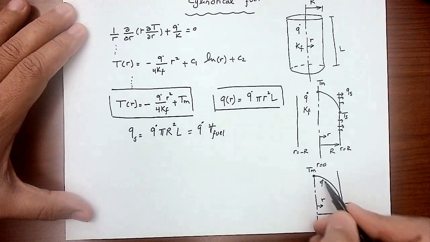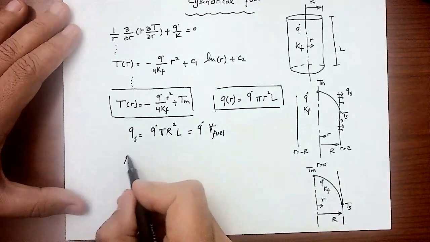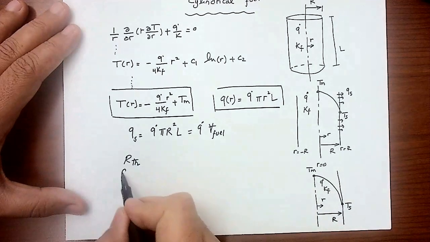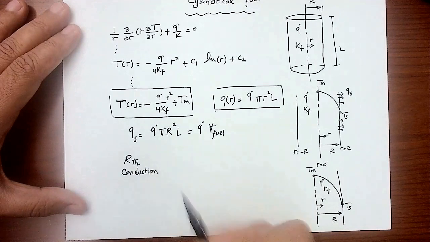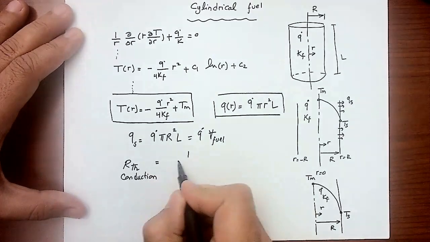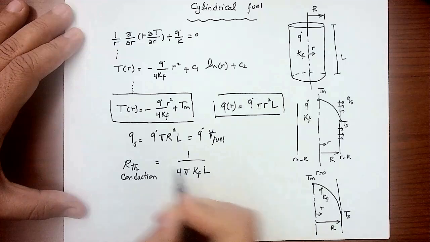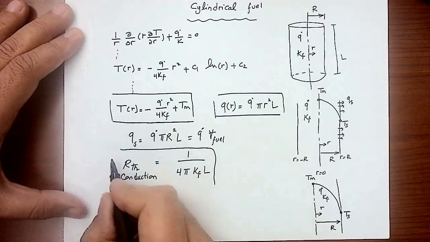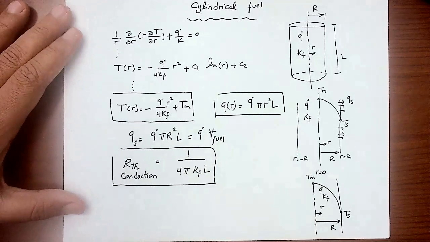And there is Q dot, and there's K of the fuel. We can derive a thermal conduction resistance. In this case, for the cylindrical fuel shape, it is equal to 1 over 4 pi K of the fuel times L. So that's the equation that we use for cylindrical fuel shape as a thermal resistance.